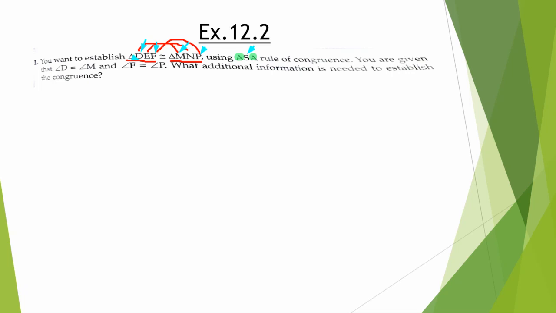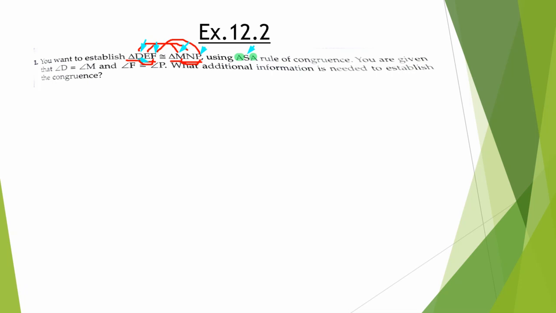So that you have to see. Which side is formed using these two angles, angle D and angle F? So DF is formed, and with M and P, MP is formed. So DF should be equal to MP.